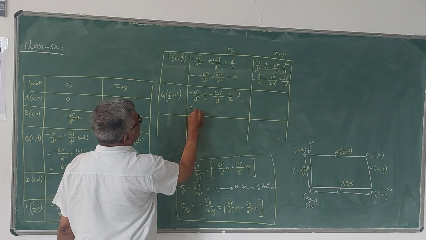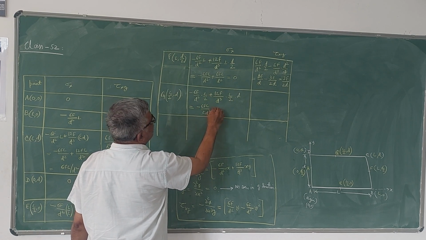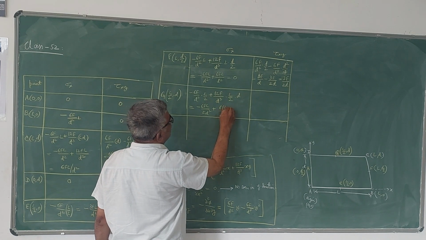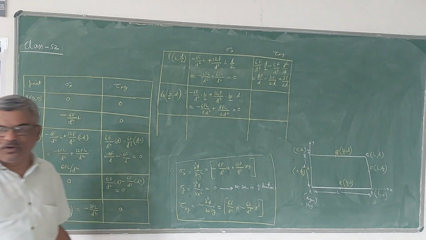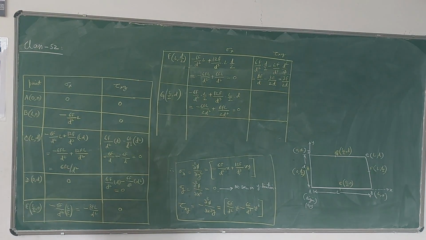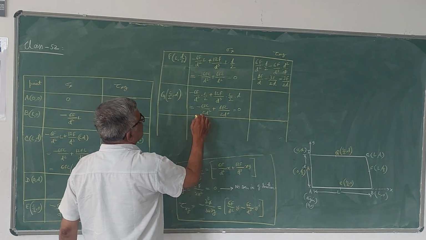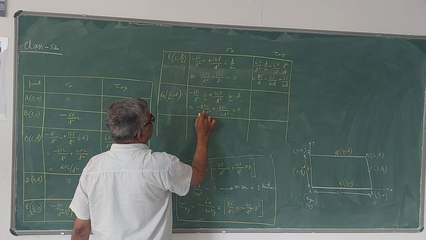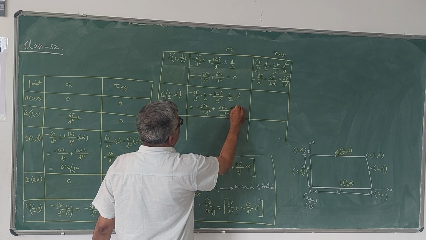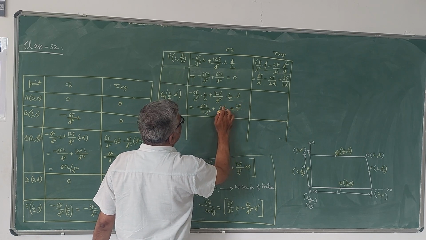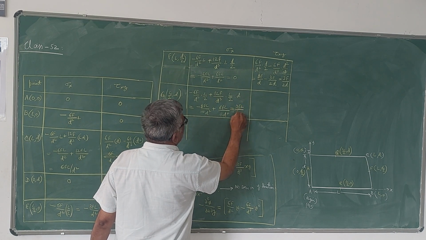Now this will be minus 6fl by 2d square plus 6fl by 2d square. So that will be 0. Some of the terms become 0. So minus 3fl by d square plus 6fl by d square, that means it is 3fl by d square.